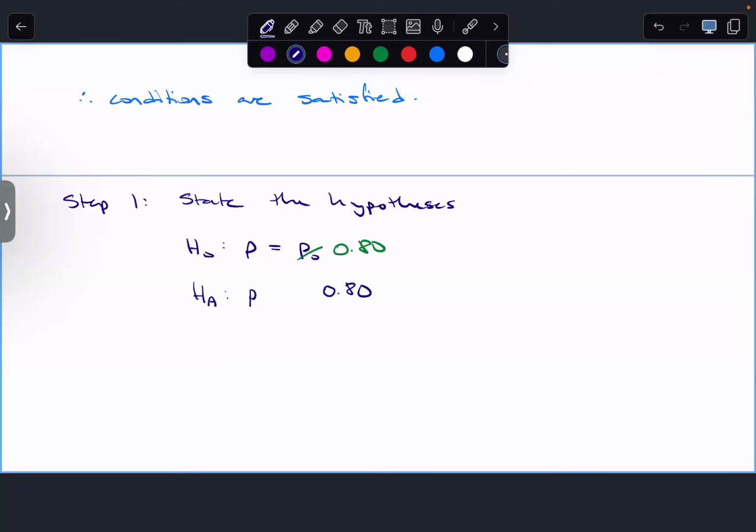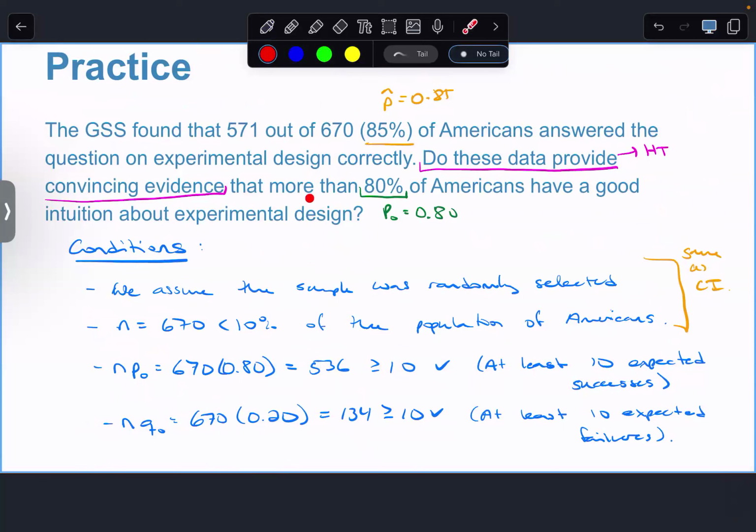And from the question, I want to know if more than 0.8. So I don't care if it's less. In fact, I couldn't use 0.85 to prove that it's less than 0.8. And so I really only care about this one direction.